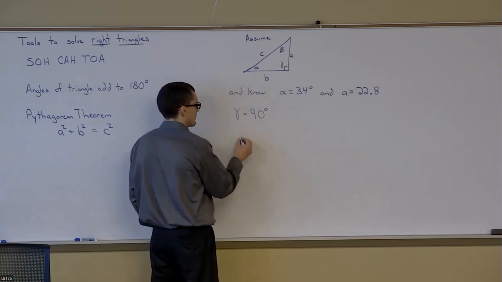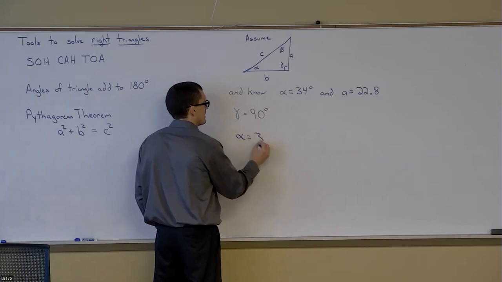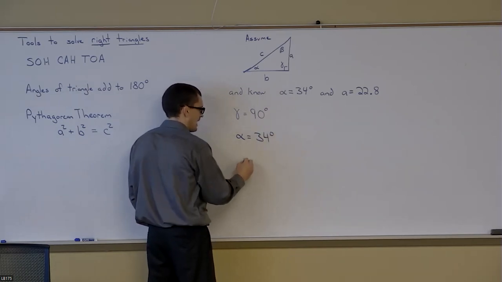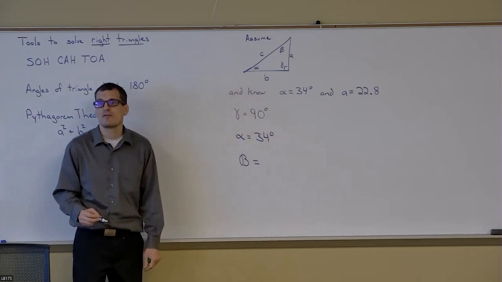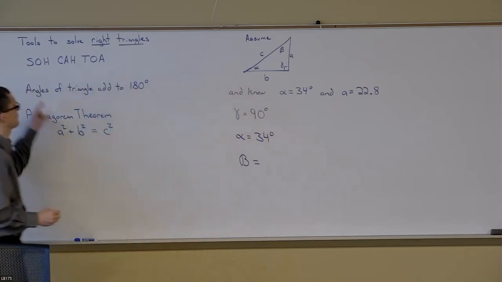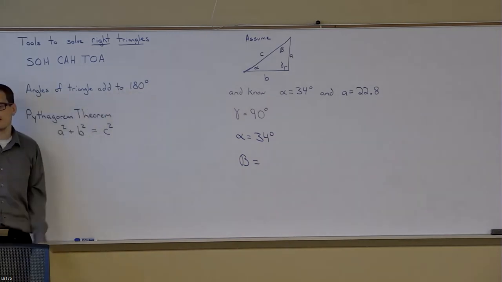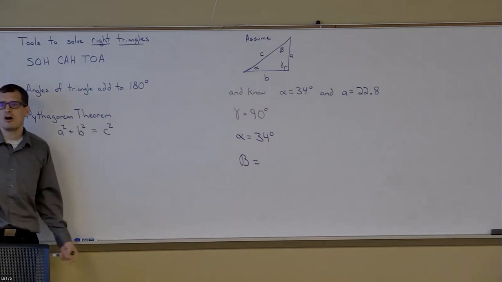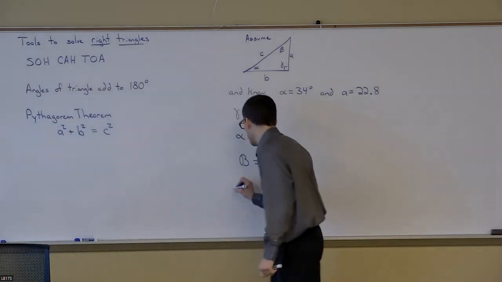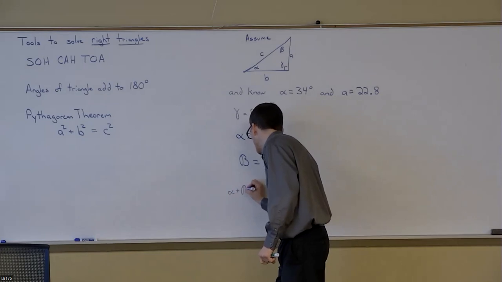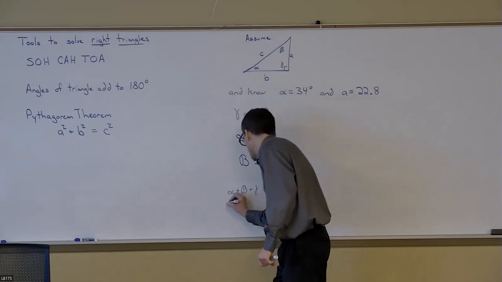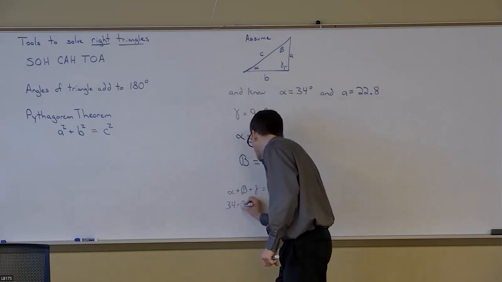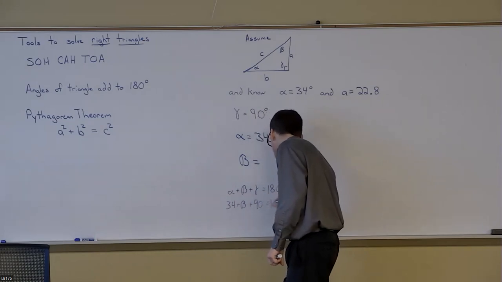So alpha, it says, is 34 degrees. If I want to find my angle beta, since the three angles of a triangle have to add to 180 degrees, all I have to do is say alpha plus beta plus gamma add to 180. So 34 plus beta plus 90 have to be 180.